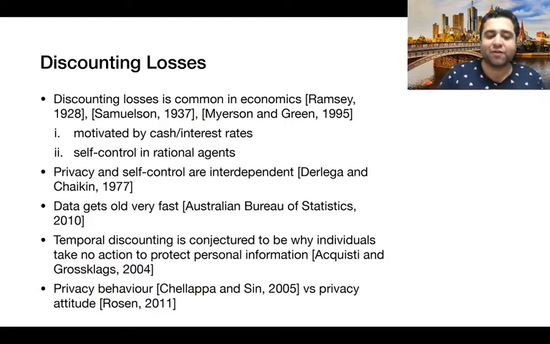How do we balance the fact that we want some services currently, right now, and don't want to wait for them in the future, or do them more inconveniently, while we want to balance that with our privacy? So certainly, discounting would fit more into privacy behavior rather than privacy attitude.